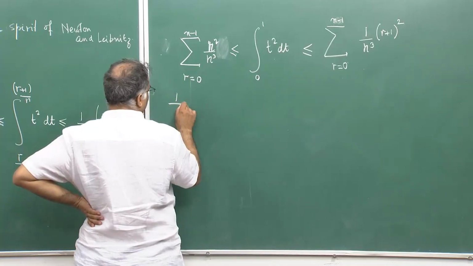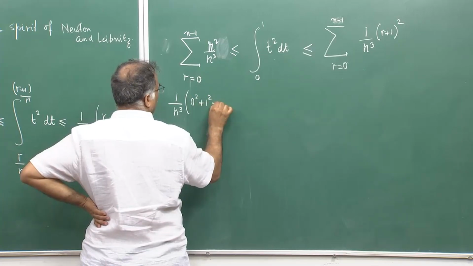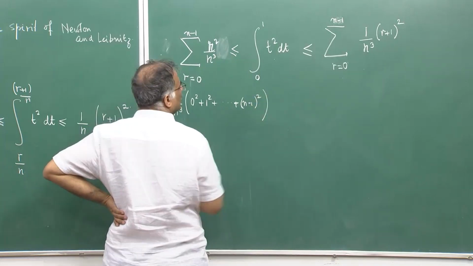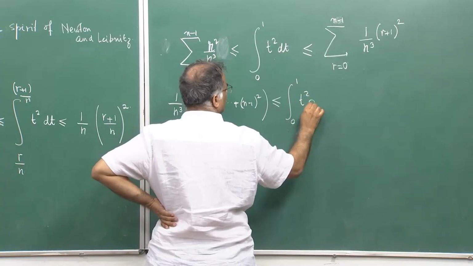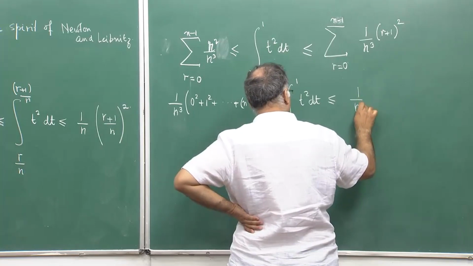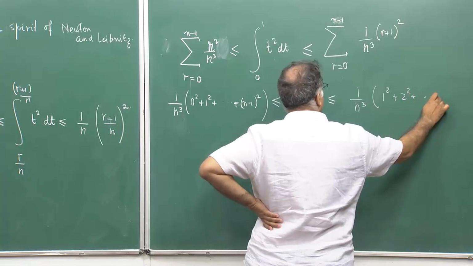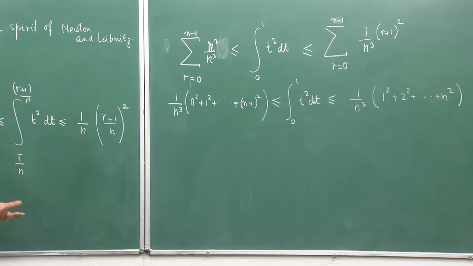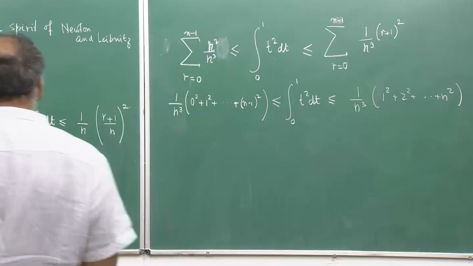So, basically you will have 1 by n cube times 0 square plus 1 square plus up to n minus 1 square, and this is less than or equal to the integral from 0 to 1 of t square dt, and this is giving you 1 by n cube times 1 square plus 2 square plus up to n square.